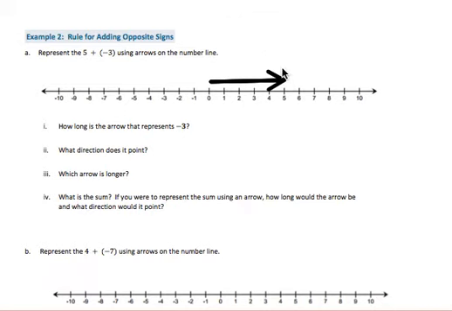And then from that 5, we need to go 3 units pointing to the left, because we are adding a -3. And that will land us at 2. Answering the same questions, the arrow that represents -3 is 3 units long.